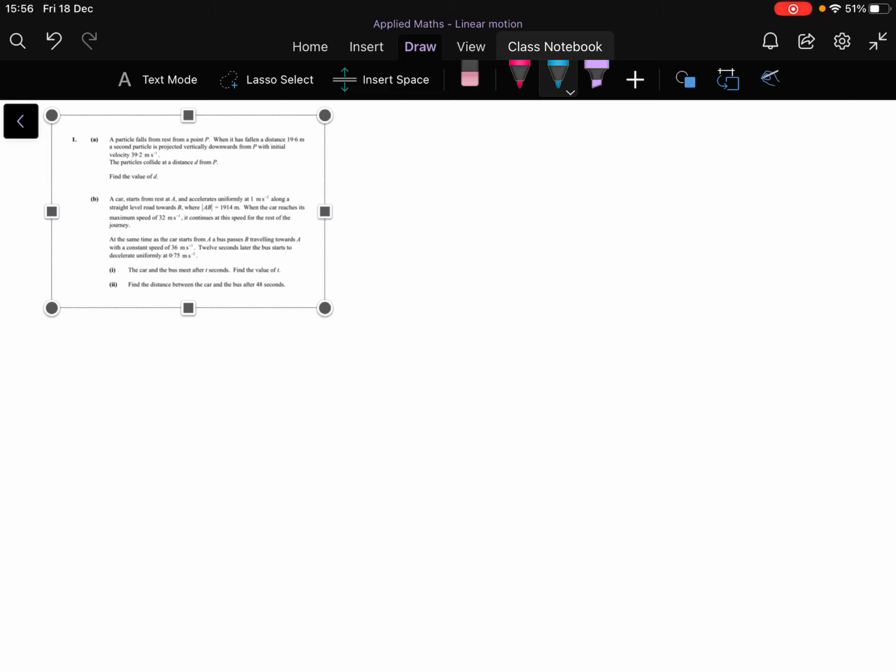So for the first car then, I'm going to look at car A. I know that car A starts from rest. I know it has acceleration of 1. It has then a V value of 32, but that's its maximum velocity.